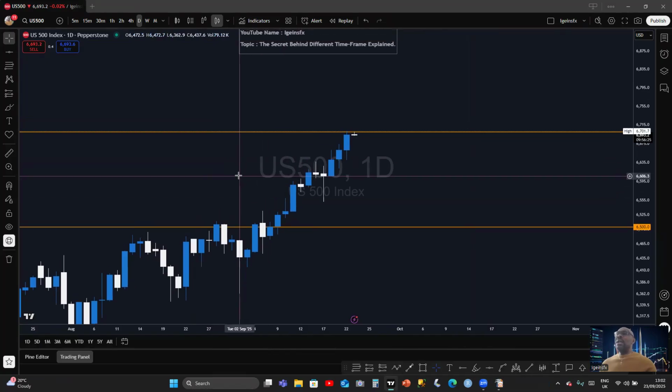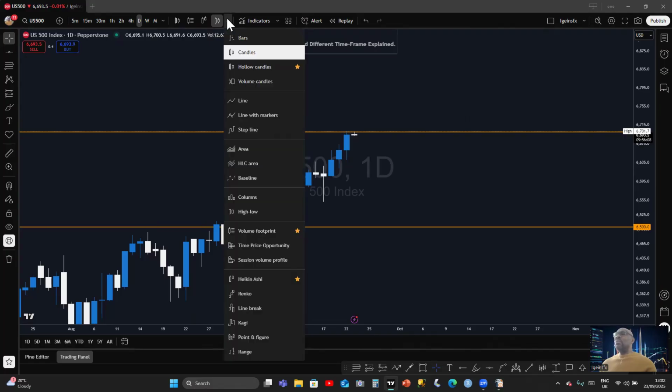The one that most people commonly use is candlestick. You come here, you see candle, but when you click on it, this drops down the bar style. When you drop it down, you see different types of chart type.